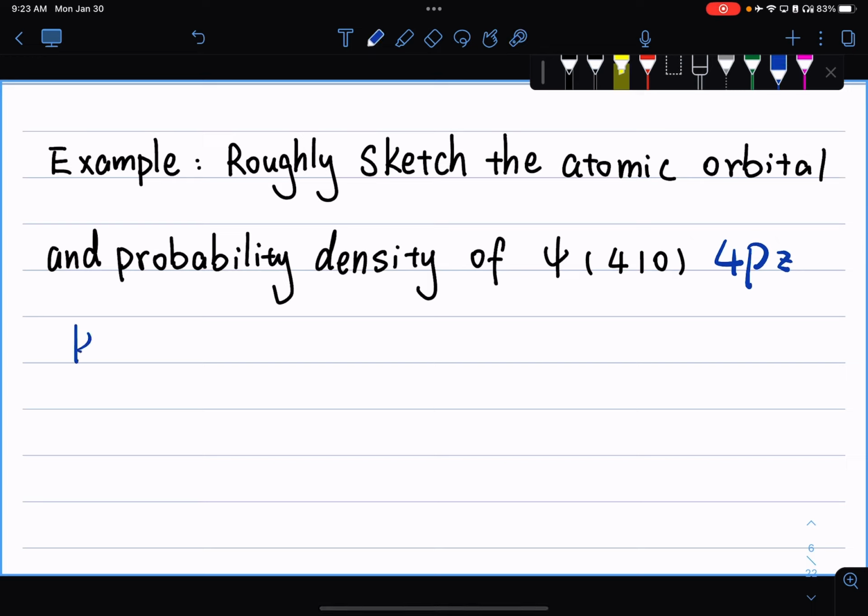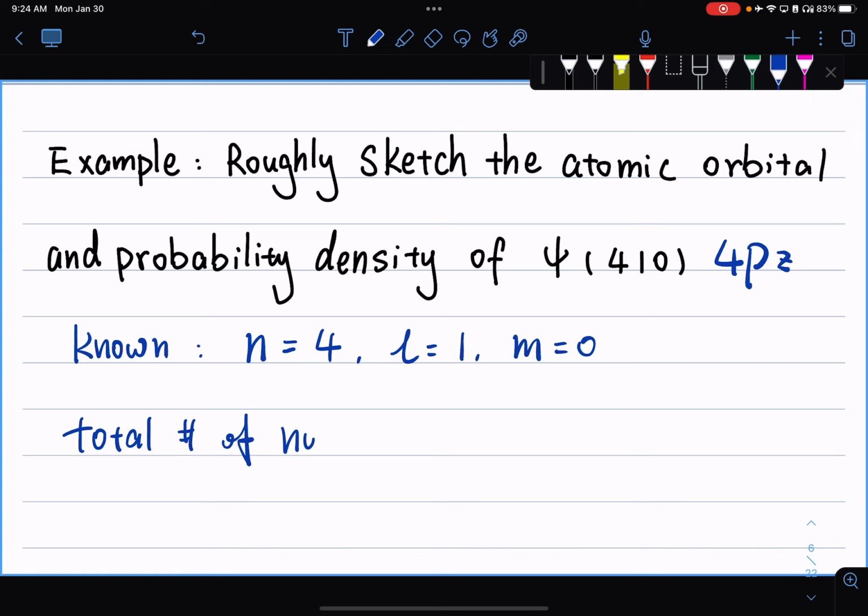So let's start by writing out the quantum numbers. We have n equals 4, that's the principal quantum number, l equals 1, and m equals 0. From looking at the quantum numbers, first we can get the total number of nodes, which equals n minus 1, which is 3.